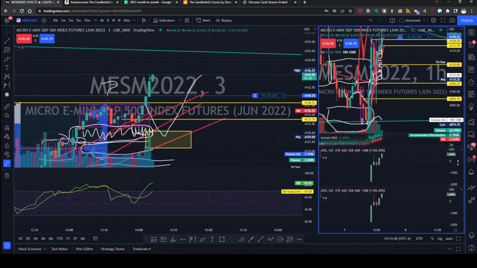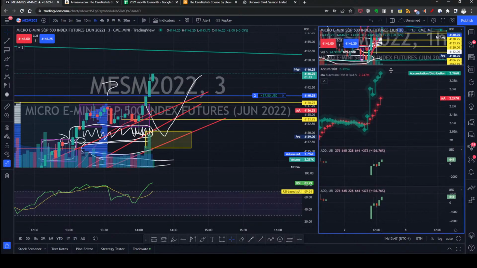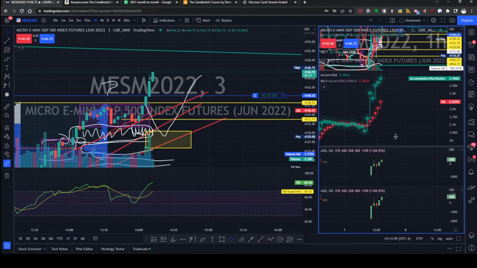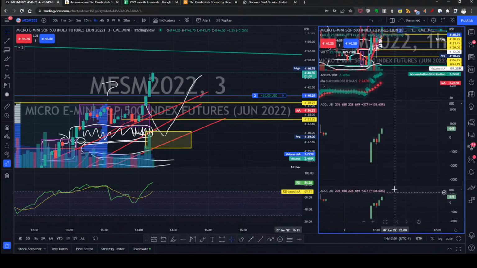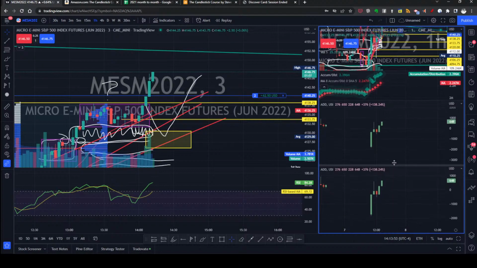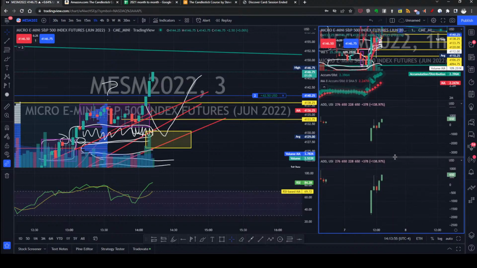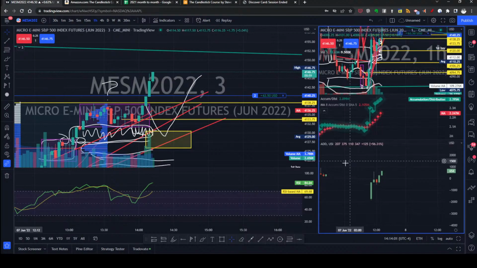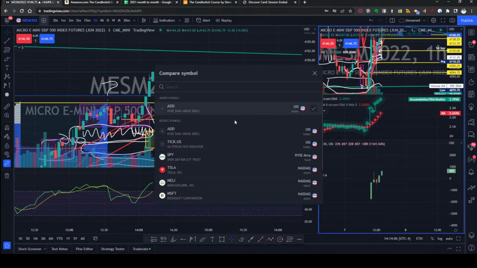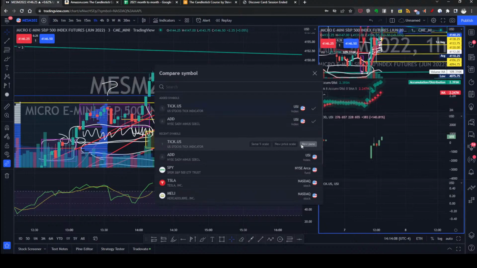Okay, it's not as pretty as I have it over on the other screen, but I think this might be a little bit better. It's easier to see. Oh no, I added it twice. I want the tick over here. There it is. New pane.